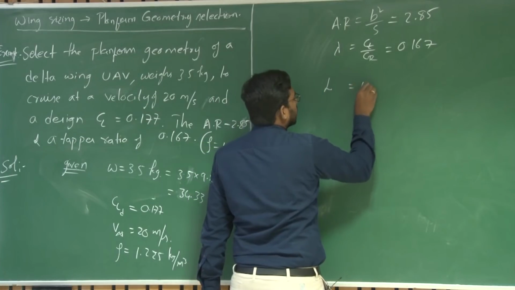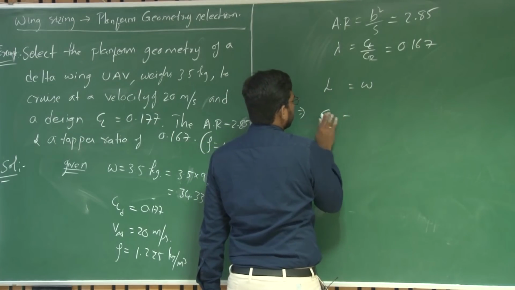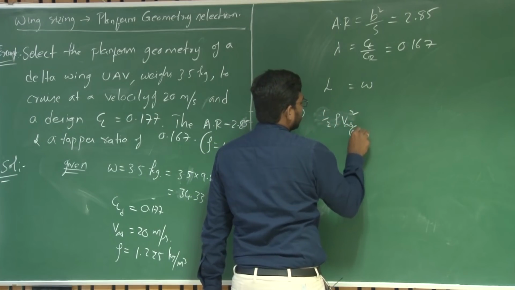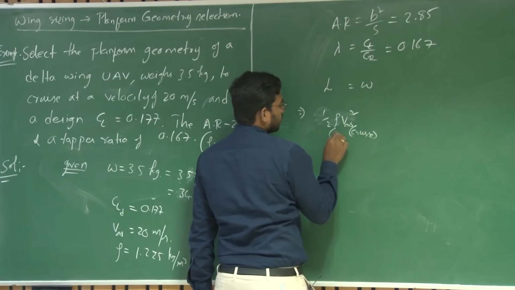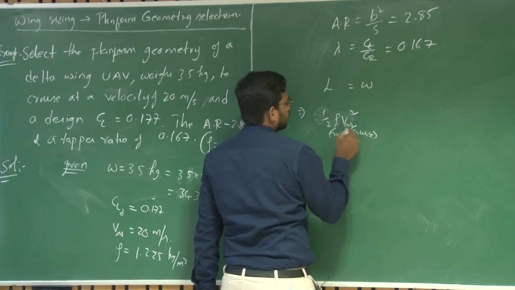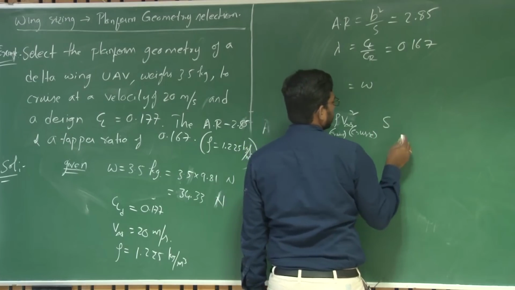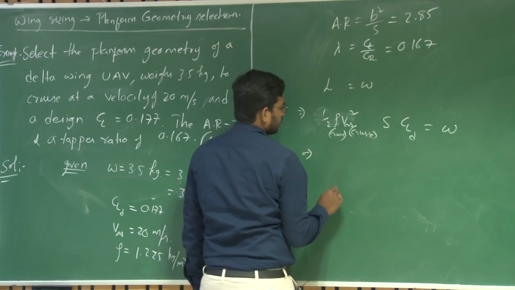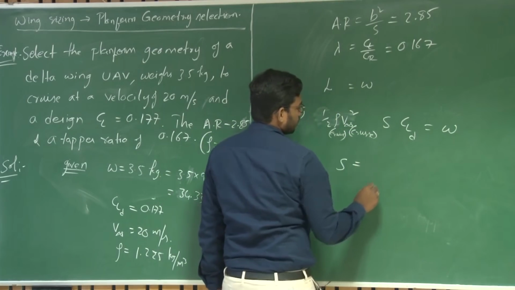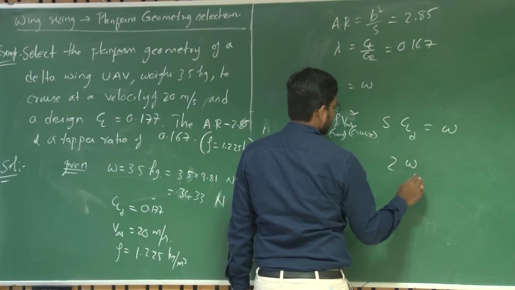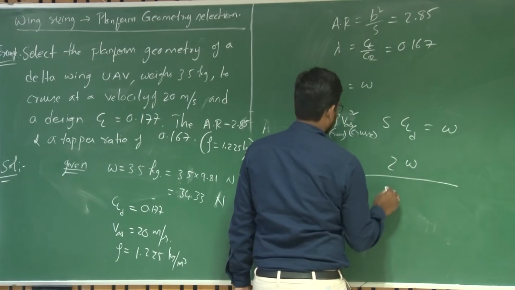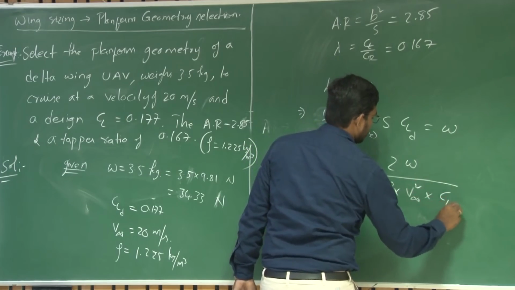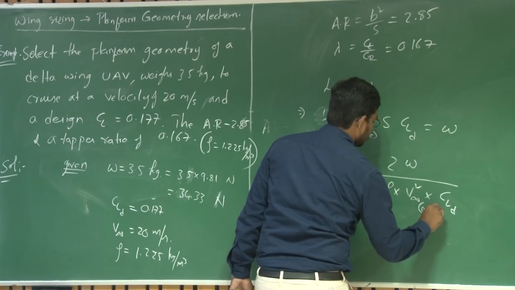For cruise, we have L equals W, so half rho V cruise square, density at cruise altitude, into S, reference planform area, into design CL is equal to W. So the corresponding reference area is twice the weight divided by rho into V infinity square into design CL.